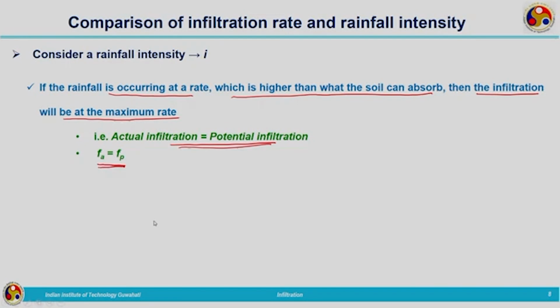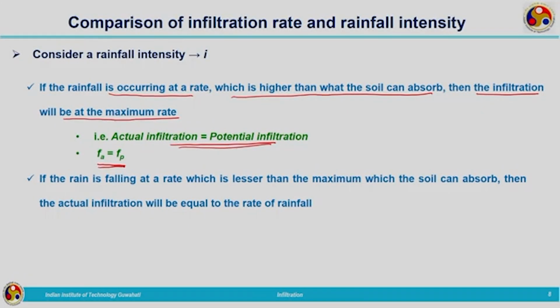It may not be always like that. The rainfall intensity may be sometimes less than the maximum infiltration capacity. At that time what will happen? If the rain is falling at a rate which is lesser than the maximum which the soil can absorb, then the actual infiltration will be equal to the rate of rainfall.